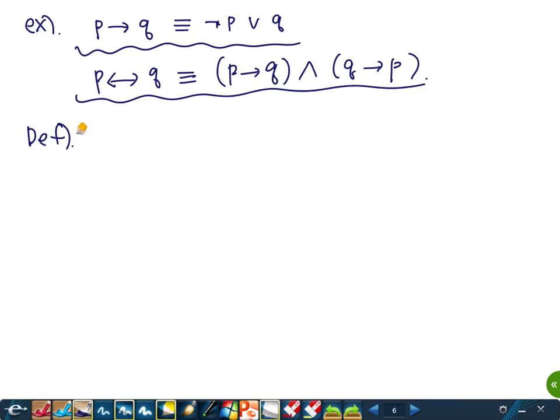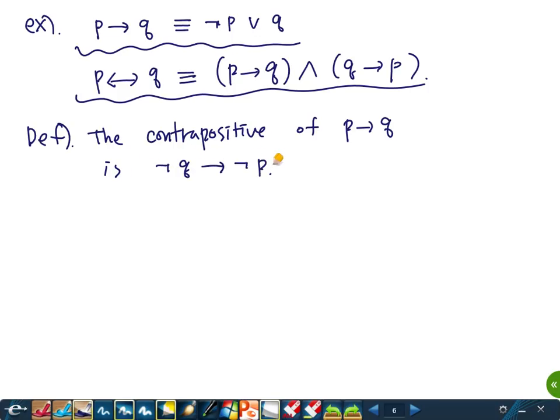All right. Another definition. The contrapositive of this statement or proposition is this: not Q, then not P. So in Korean, you will probably learn this as 대우, contrapositive.